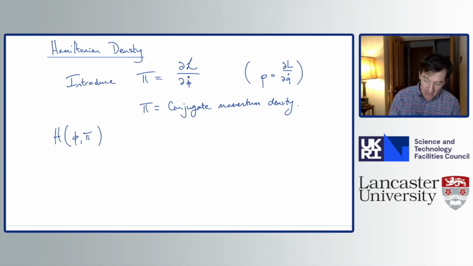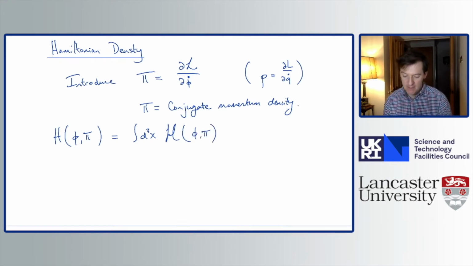Okay, so we have the Hamiltonian, and this is related to the Hamiltonian density. The Hamiltonian density is normally given the curly H symbol. So the Hamiltonian is the integral over all of space of the Hamiltonian density.